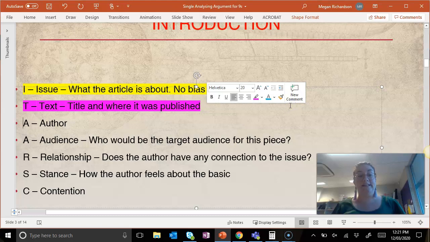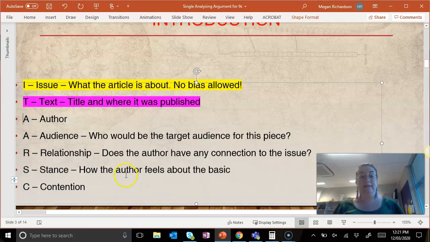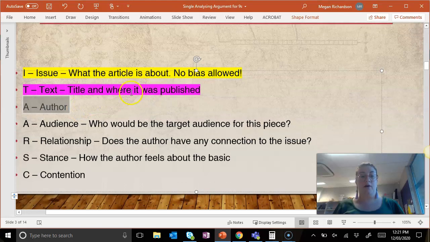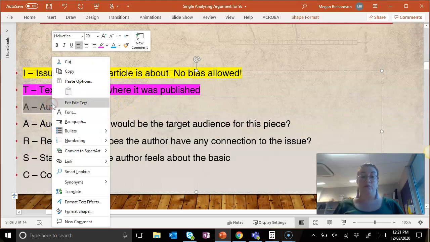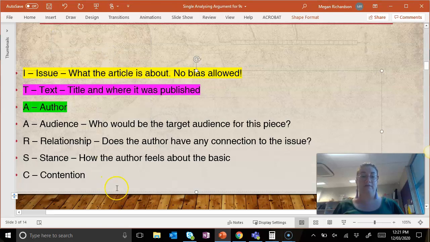Now, one thing I did notice is that I didn't actually write the article's name, which I really should go back and do, which we will. And then I did the author. Now, what colour did I do the author? I did it green. The author was green. Obviously, you don't need to do all these colour coordinatings, but I think sometimes it helps, you know, just kind of visually see it.